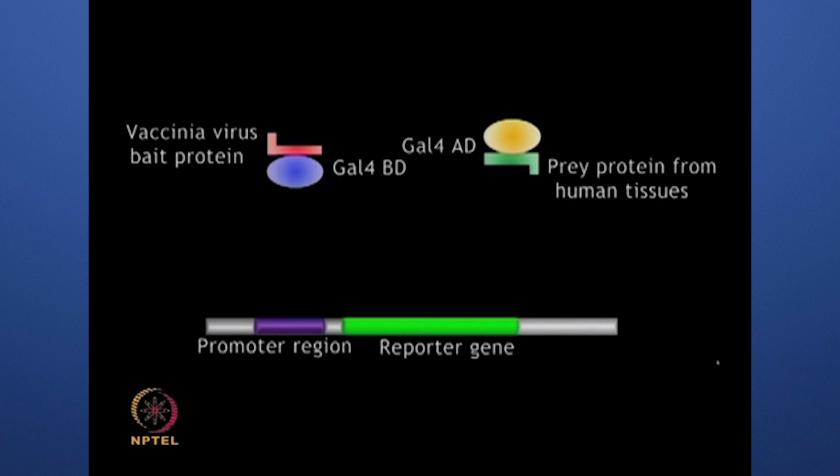The virus bait proteins were fused with the C terminus of the Gal4 binding domain, while the prey human proteins were fused with the Gal4 activation domain of the transcriptional activator. These interactions were further validated by other techniques, which provided a successful validation rate of 63%.